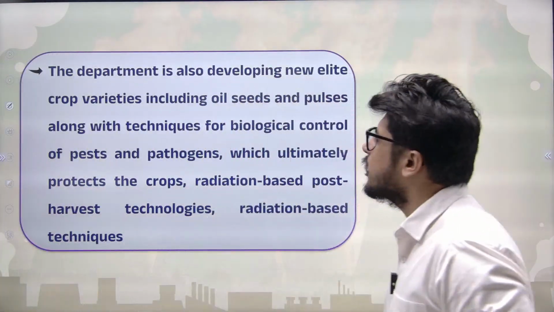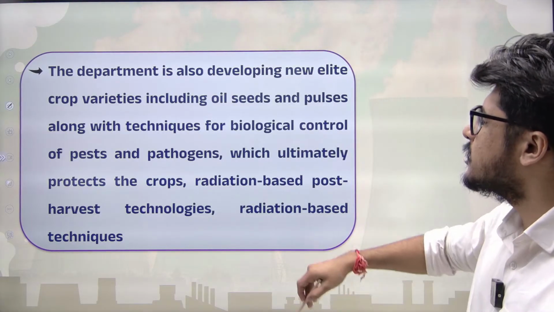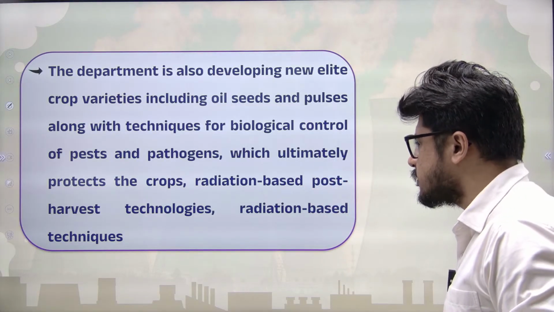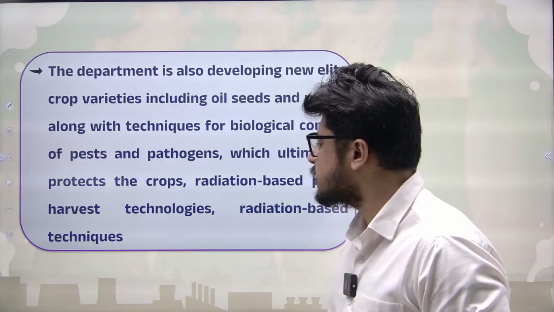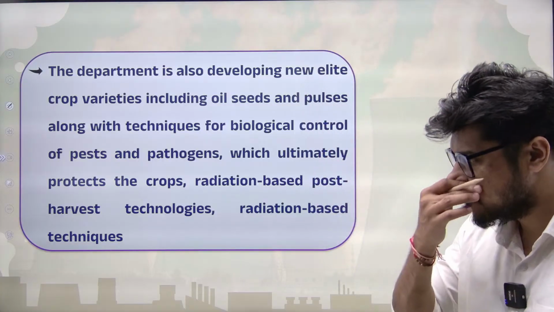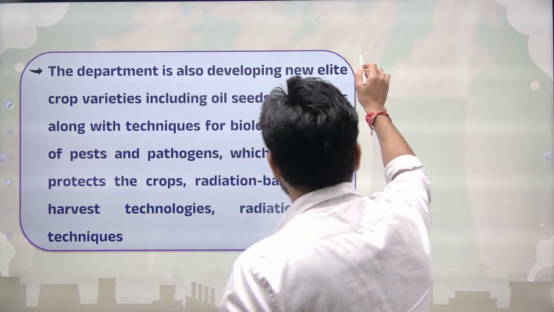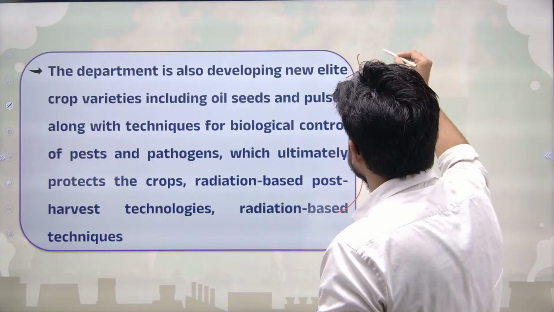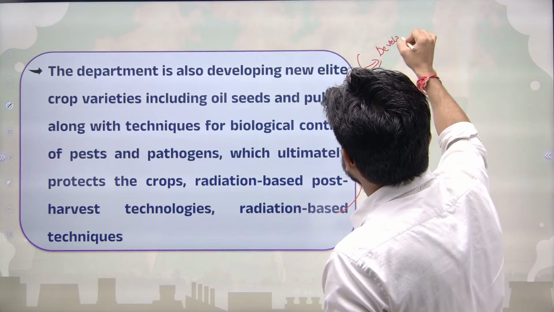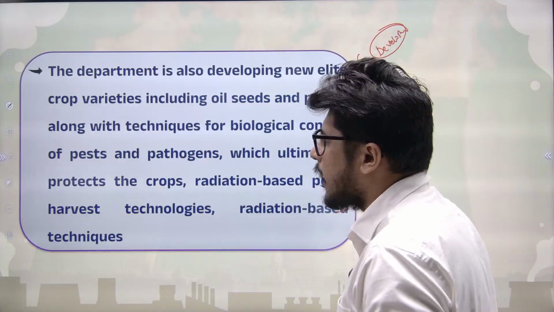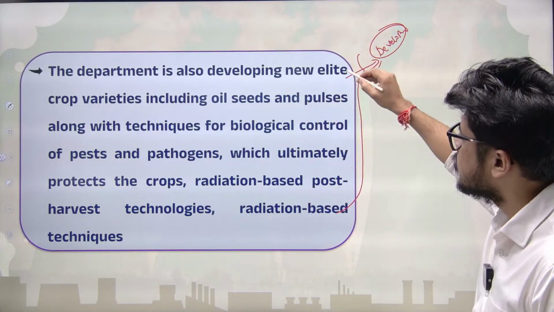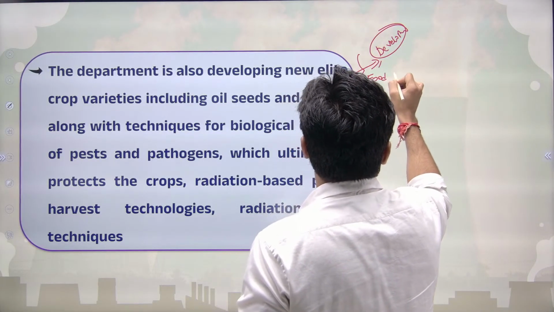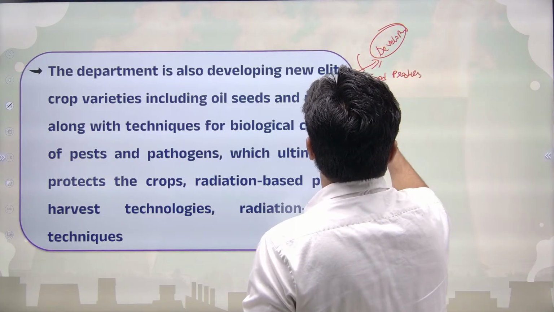The department is also developing new elite crop varieties, including oilseeds and pulses, along with techniques for biological control of pests and pathogens, which will ultimately protect the crops, along with radiation-based pest and harvest technology. As I have told you, our aspirations are developing aspirations. We want energy for development, atom for the nation. So we are using nuclear energy for sustainable food production and better healthcare facilities.